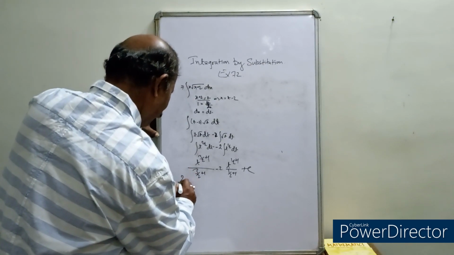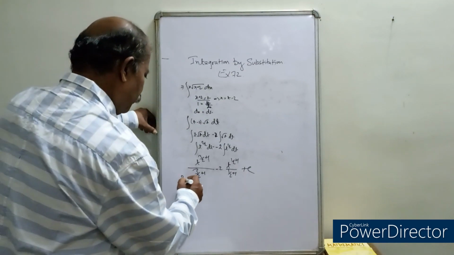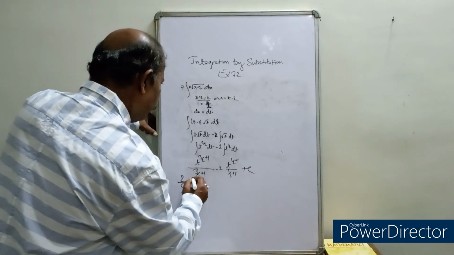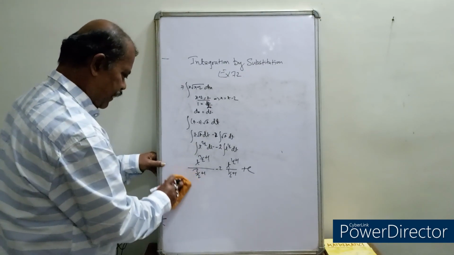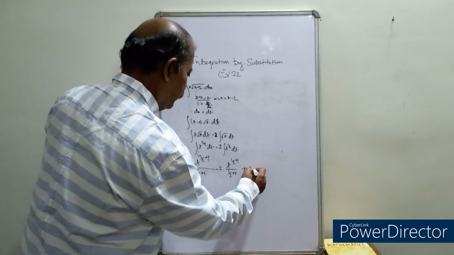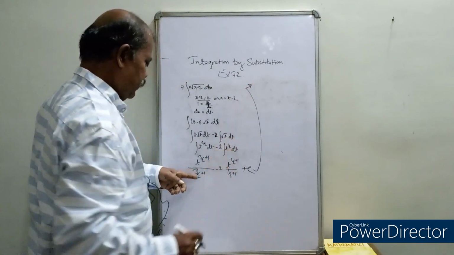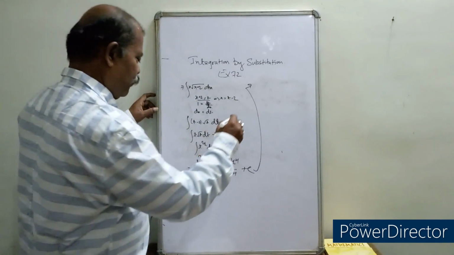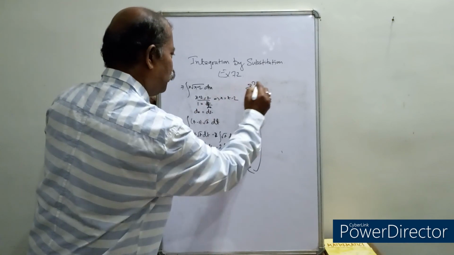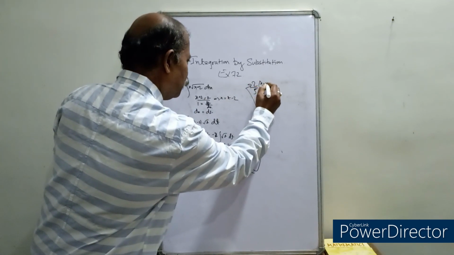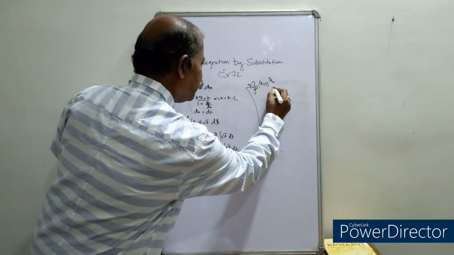Here this will be 2 by 5, and the value of t is x plus 2. So I am giving the answer here: 2 by 5, x plus 2 to the power of 5 by 2, and minus 2.